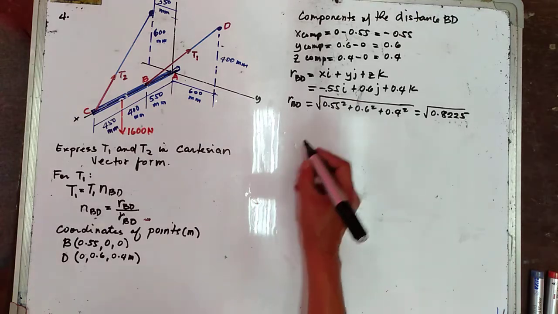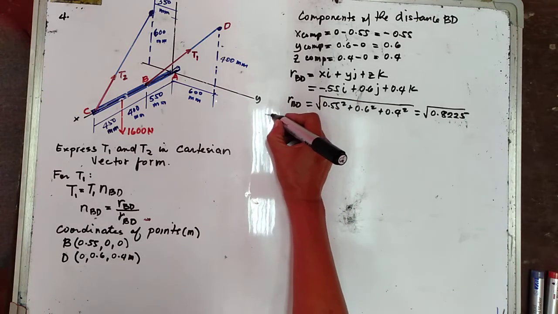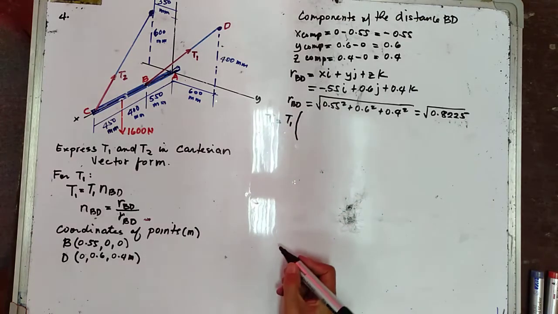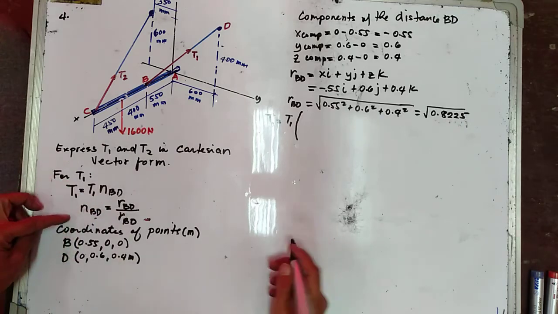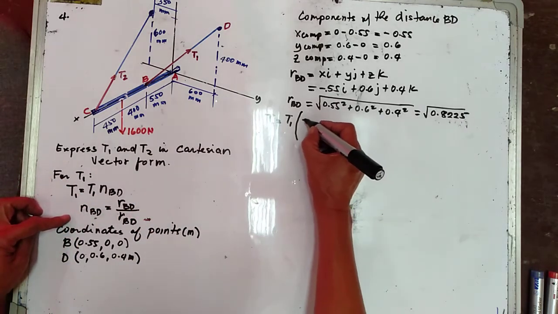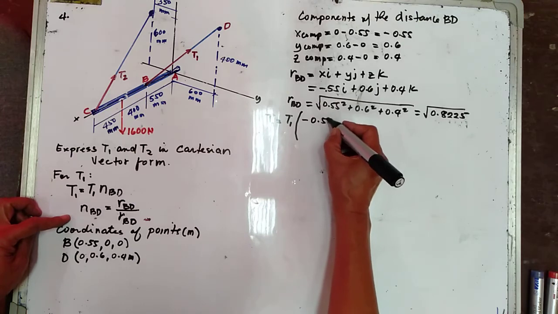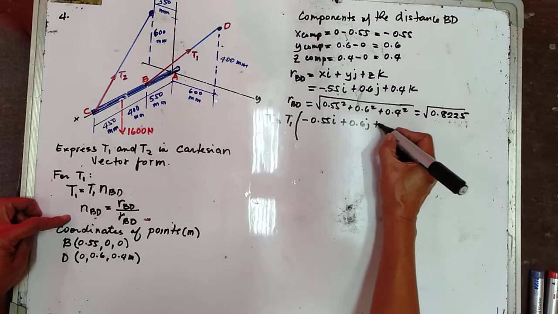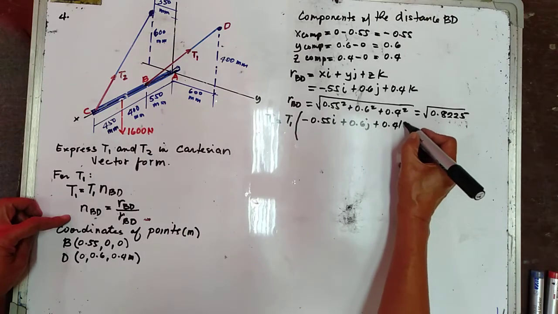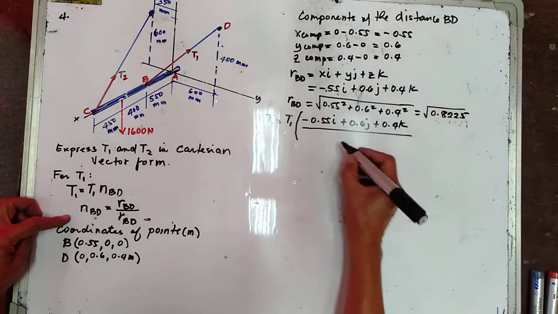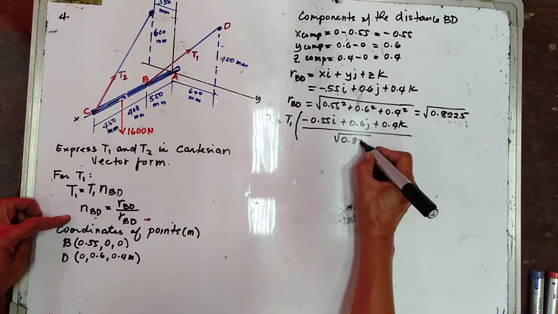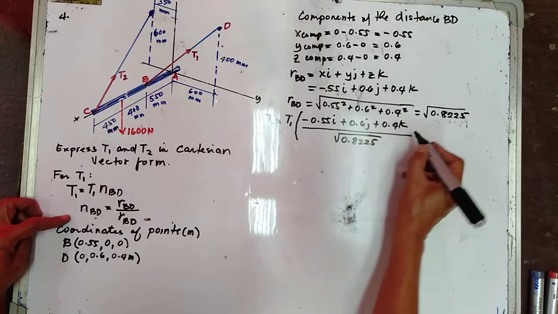So your T1 in Cartesian vector form is now the magnitude of T1 multiplied by the unit vector BD, and this is RBD over its magnitude. So we have negative 0.55i plus 0.6j plus 0.4k over the square root of 0.8225.